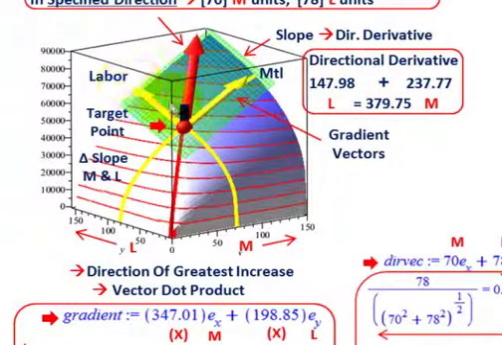And then for the labor side, our directional derivative turned out to be 147.98. Then you add those two quantities together, labor plus material, and you come up with the directional derivative, 379.75.